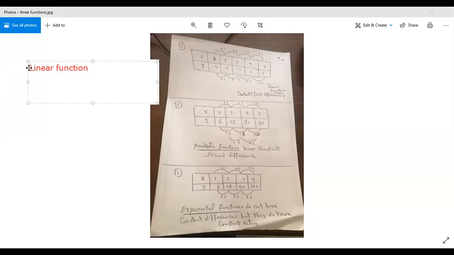Is there anyone who can remember the second type of function which we studied this year? The quadratic function. Yes, the quadratic function, right? And this year we will add the third one, which is the exponential function.